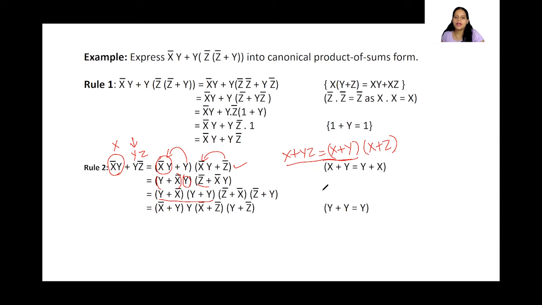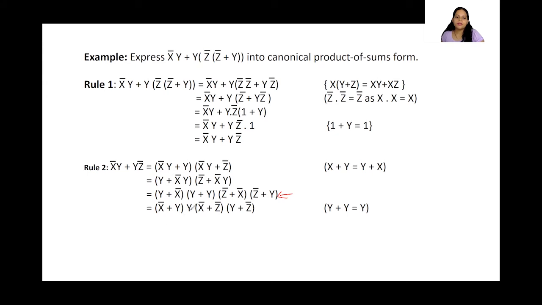Here also I can simplify this z bar plus x bar y using this particular rule. Then it becomes z bar plus x bar and then z bar plus y, isn't it? So that is what is happening here also. So in both the places we are again applying the same rule and we are getting this expression as in this step.